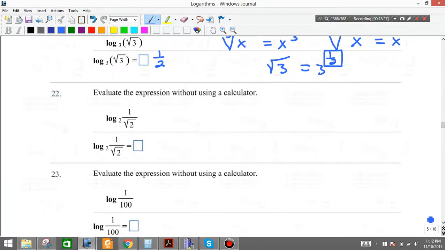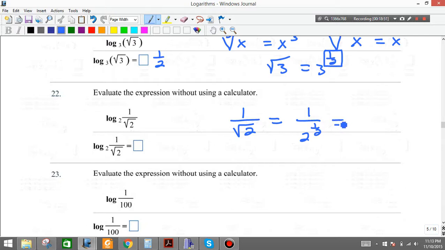This one brings everything, the last 3 or 4 problems, all together in one problem. Now when I ask, what power of 2 is 1 over the square root of 2? First of all, there is a square root, so the power is 1/2 from the previous problem we just discussed.